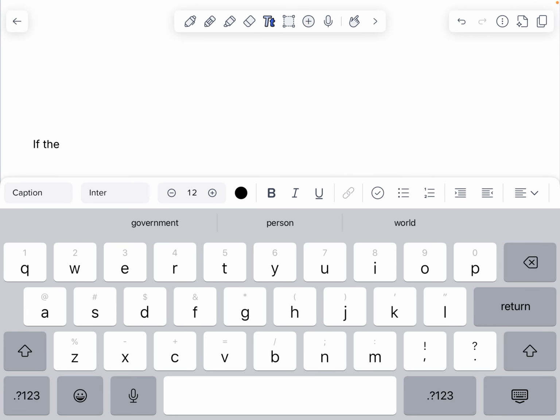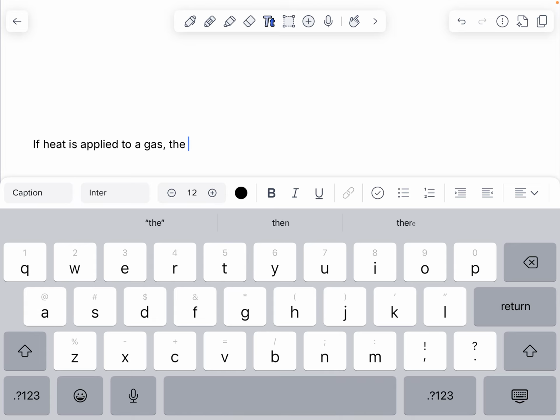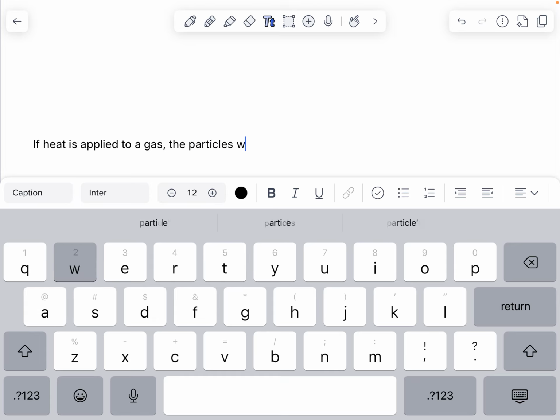If heat is applied to a gas, the particles will gain kinetic energy.